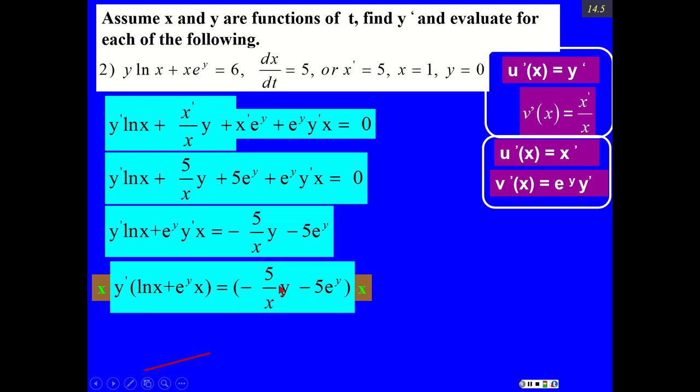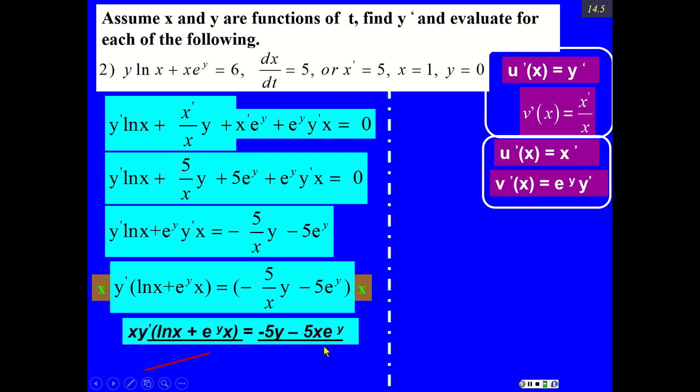x times 5 over x is going to be minus 5 times y, and x times this, I'm going to write it down, 5x e to exponent y. Now, I'm trying to solve for the y prime. Hold on to the y prime, whatever is next to it. I have an x here, and I do have this parenthesis.